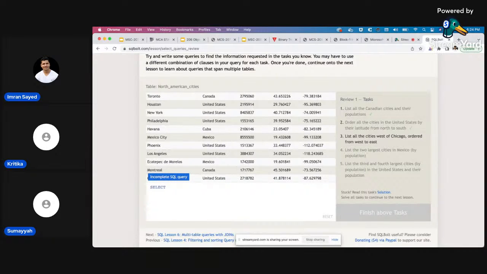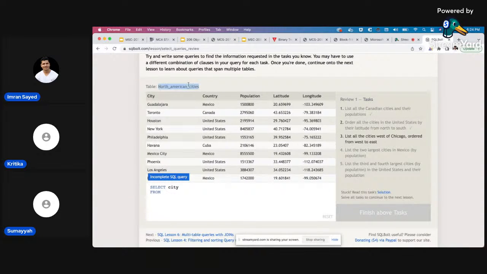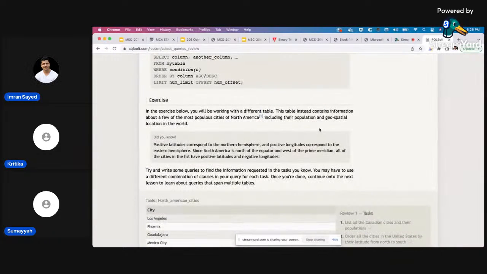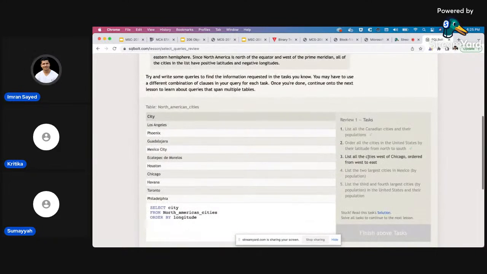Select city from, order by longitude, west to east. Positive longitude corresponds to east, and they want west to east, so it'll be reverse. So it'll be descending.